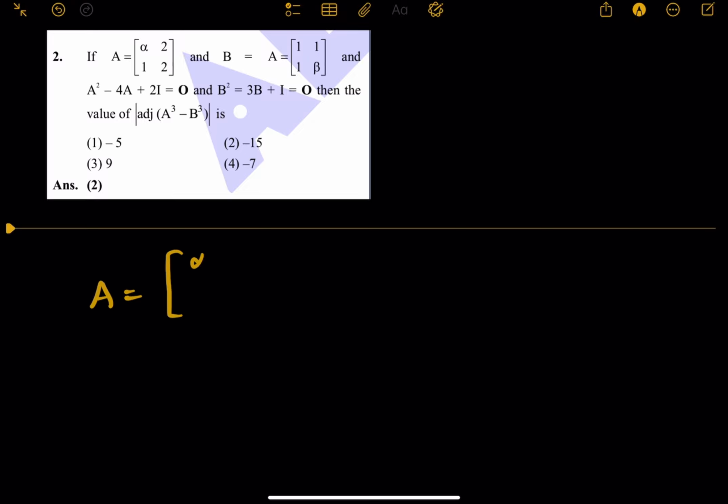Okay, this is our next question. Again, I have chosen this question because I wanted to explain a few things. So matrix A is [alpha 2; 1 2], and your matrix B is [1 1; 1 beta].